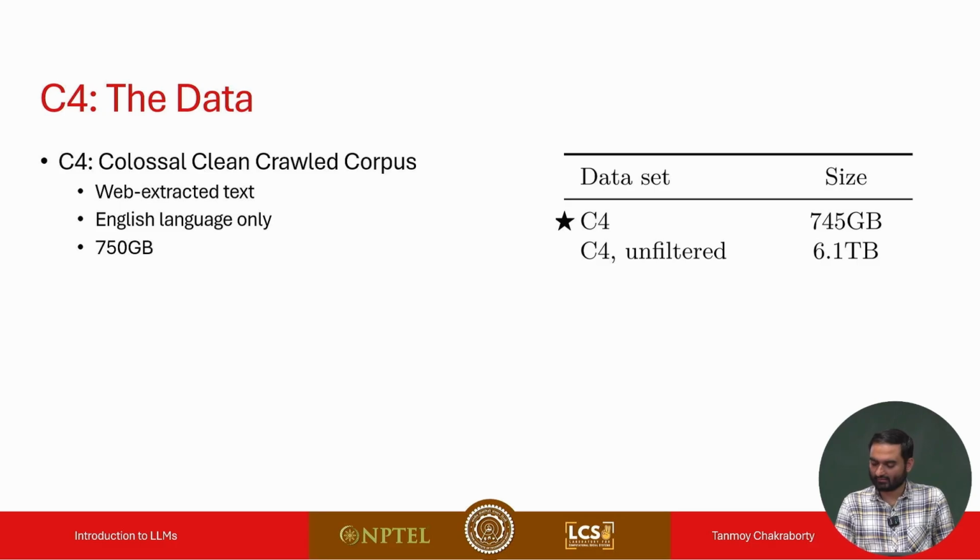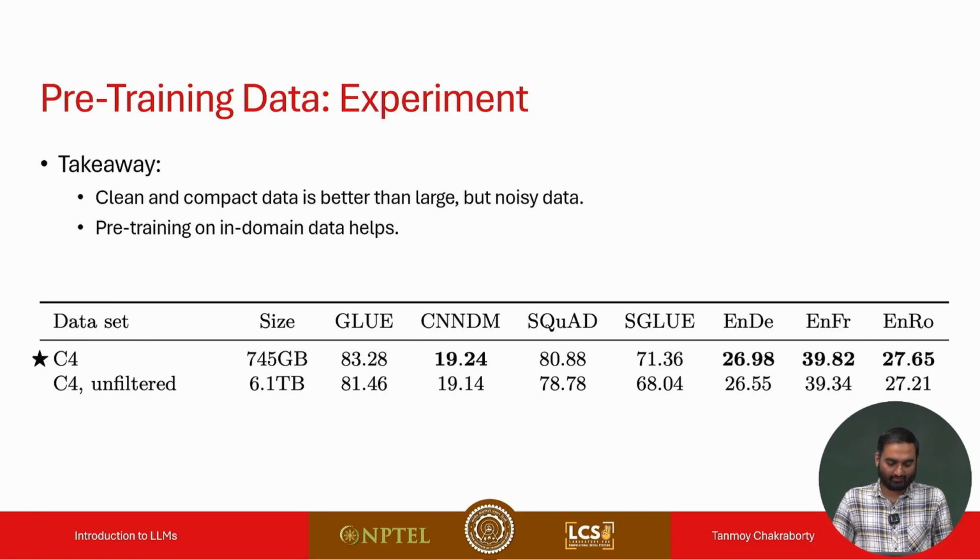The C4 data, the size is 745 GB. The filtered data, right? I mentioned a series of filtration techniques were applied. If you don't filter it, if you just take the crawled C4 data, which is 6 terabytes in size, you see that with clean data versus unclean data the accuracy is not at all comparable.